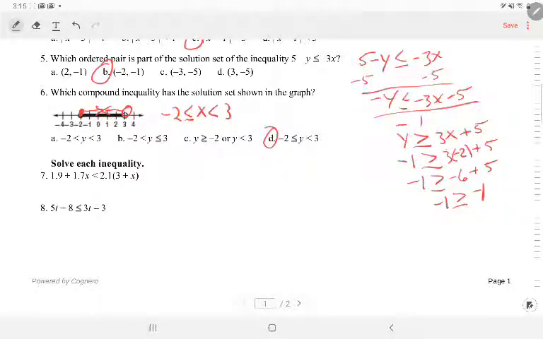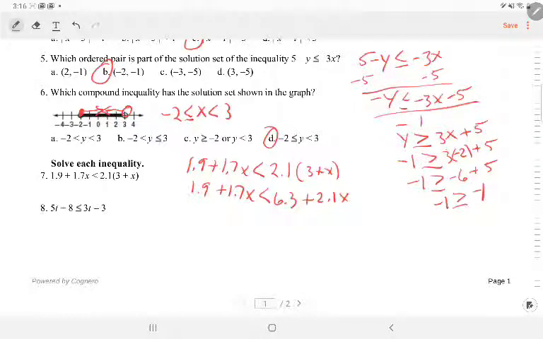Let's see, number 7. For number 7, I would just simply solve. So 1.9 plus 1.7x is less than 2.1 times 3 plus x. So I'm going to distribute first. So 1.9 plus 1.7x is less than 2.1 times 3 would be 6.3, and 2.1 times x would be 2.1x.